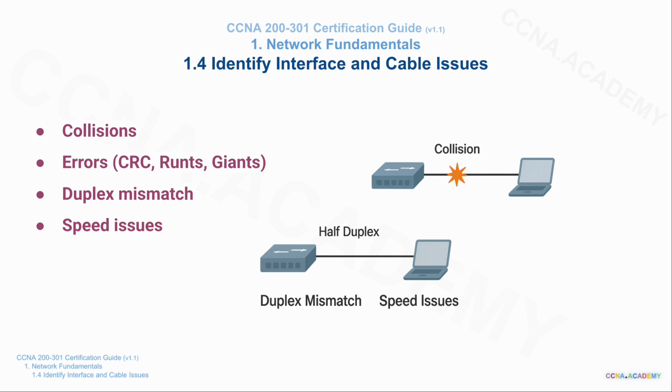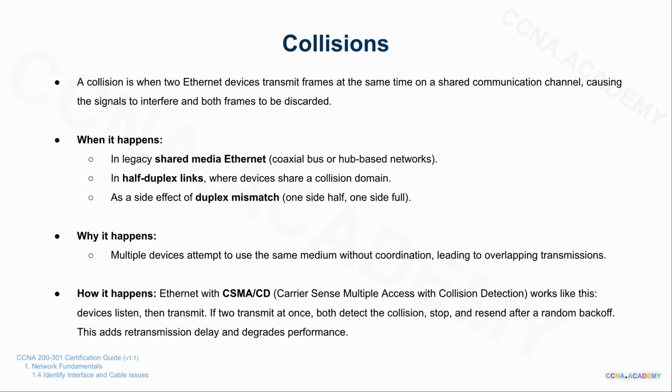Collisions occur when two Ethernet devices transmit at the same time on the same medium. This was common in legacy hub-based or half-duplex networks, but should never happen in modern full-duplex switched Ethernet. Collisions happen because multiple devices compete for the same collision domain, and CSMA/CD has to stop and retransmit after a random delay.